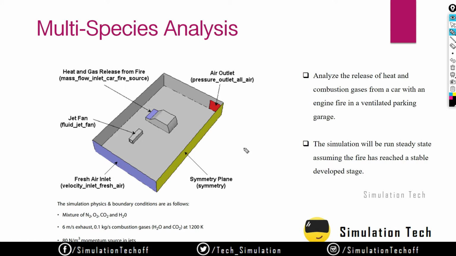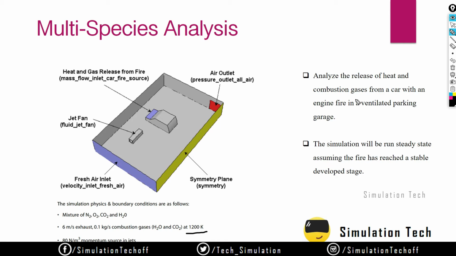As we mentioned over here, this wall acts as our symmetry plane, this is our fan inlet, this is our jet fan and this is our heat region. From this wall, the heat energy is around 1200 Kelvin. As we mentioned, the H2O and CO2 gases are released from this end, so this is our outlet.